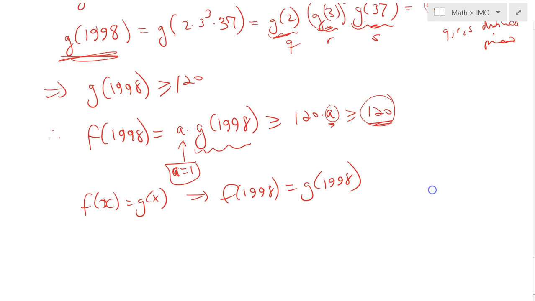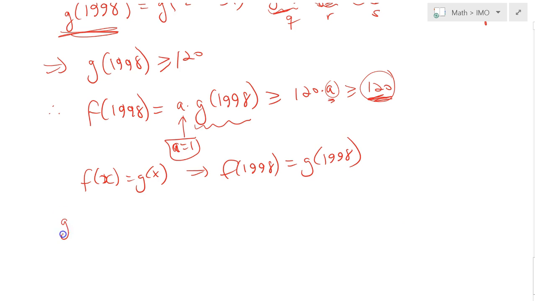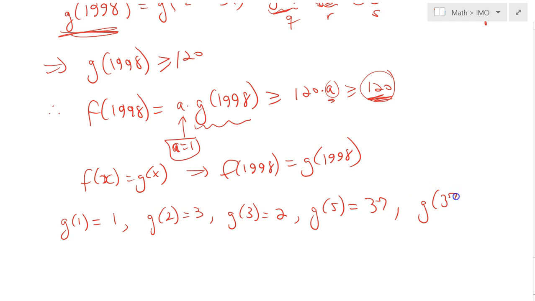Let's define g carefully so that we can hit 120. The way I will define it is the following: g of 1 I will set equal to 1, g of 2 will be set equal to 3, g of 3 will be set equal to 2, g of 5 I'll set equal to 37, and g of 37 will be set equal to 5.